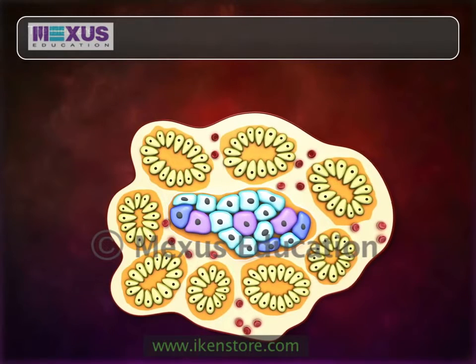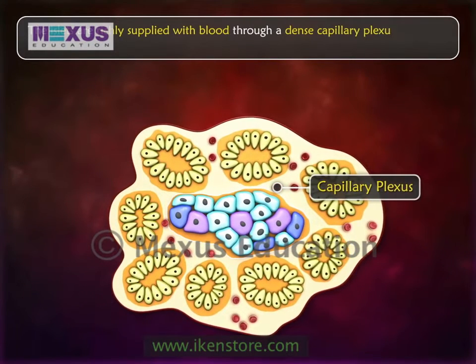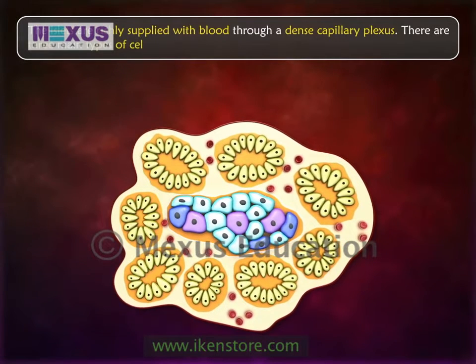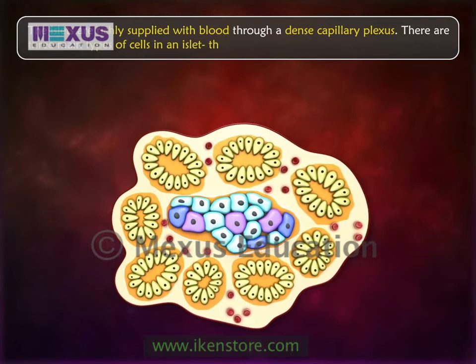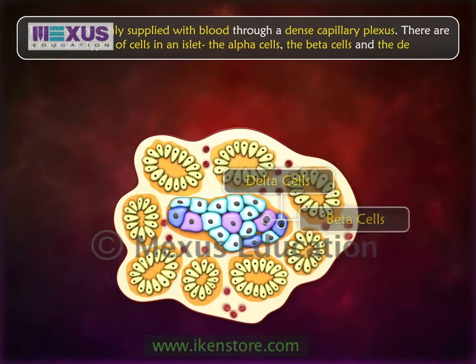The islets are richly supplied with blood through a dense capillary plexus. There are three main types of cells in an islet: the alpha cells, the beta cells and the delta cells.